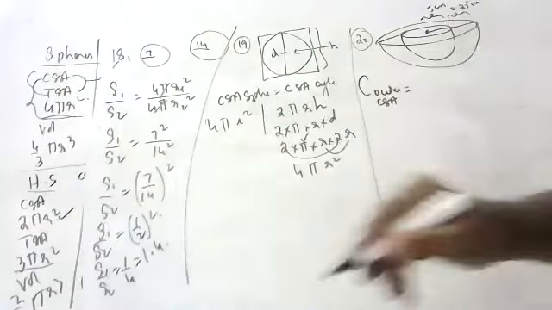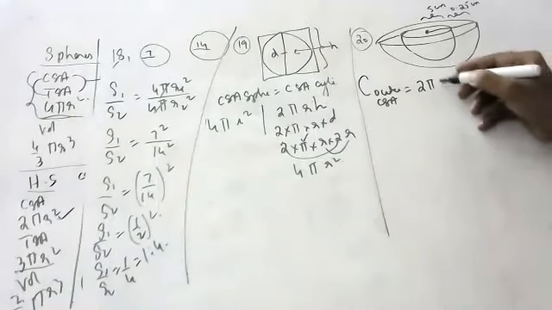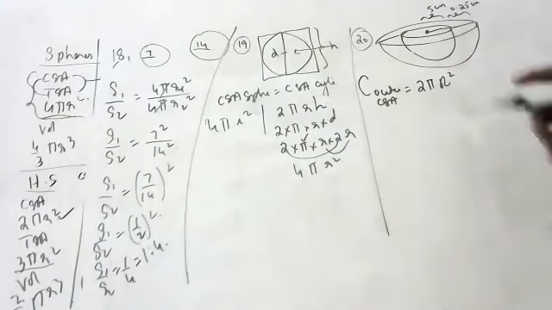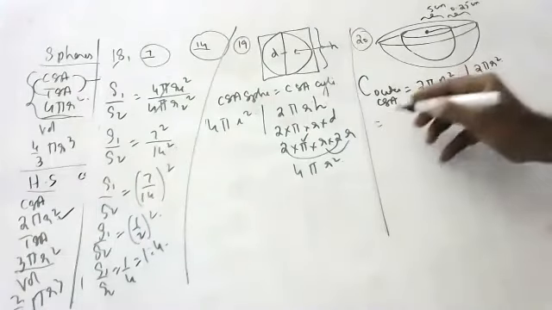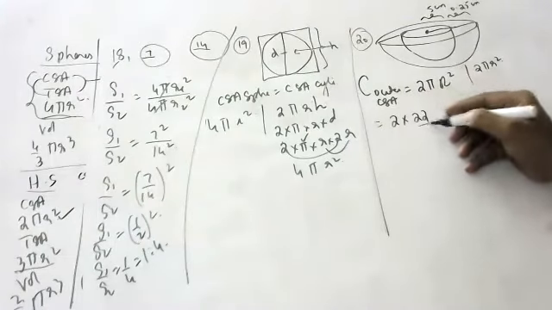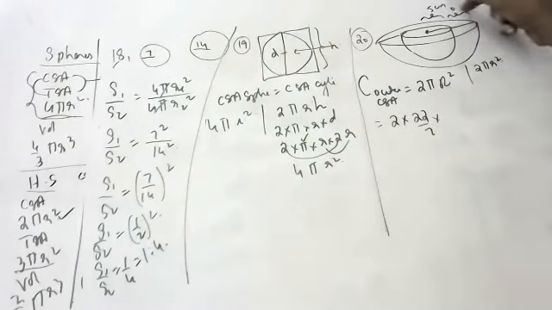CSA of hemisphere is 2 pi big R square. Inner is 2 pi r square, inner means small r. Outer means 2 pi big R square. 2 into 22 by 7 into capital R square.